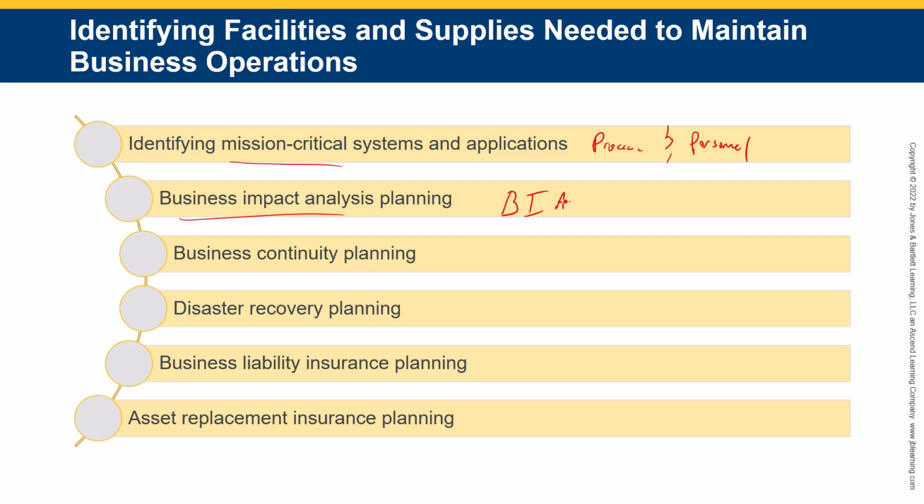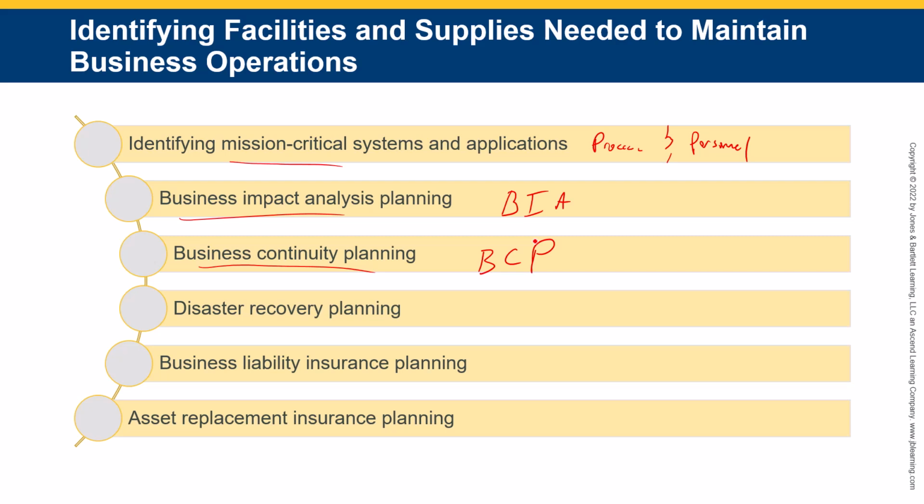This system takes priority because our impact analysis says this actually helps run the organization. The BIA aids in identifying and prioritizing processes, systems, applications, and personnel, and allows us to identify and build a continuity plan, a business continuity plan.